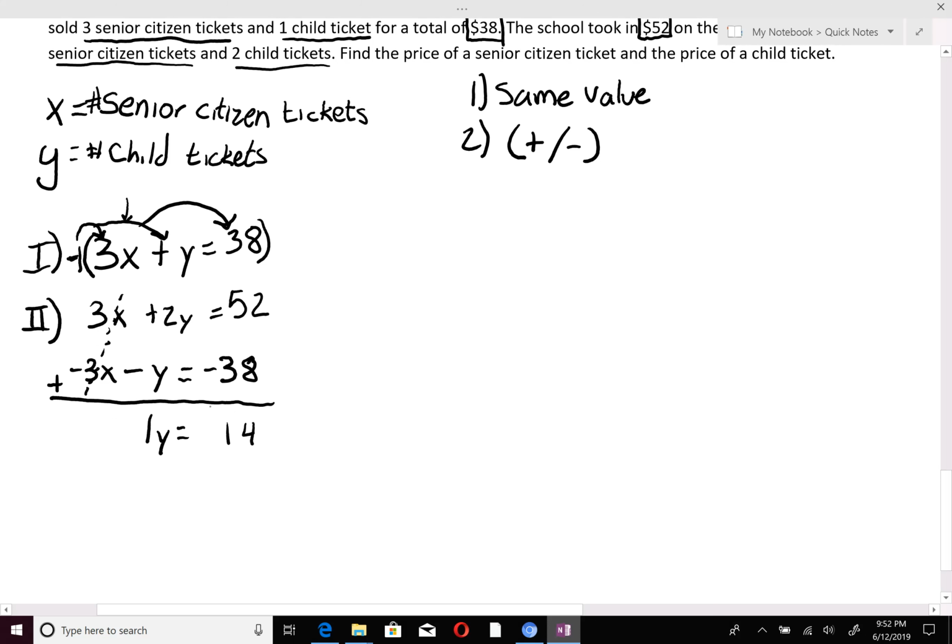And so what that tells us is 1y equals 14, but in the context of our problem, one child ticket costs $14.